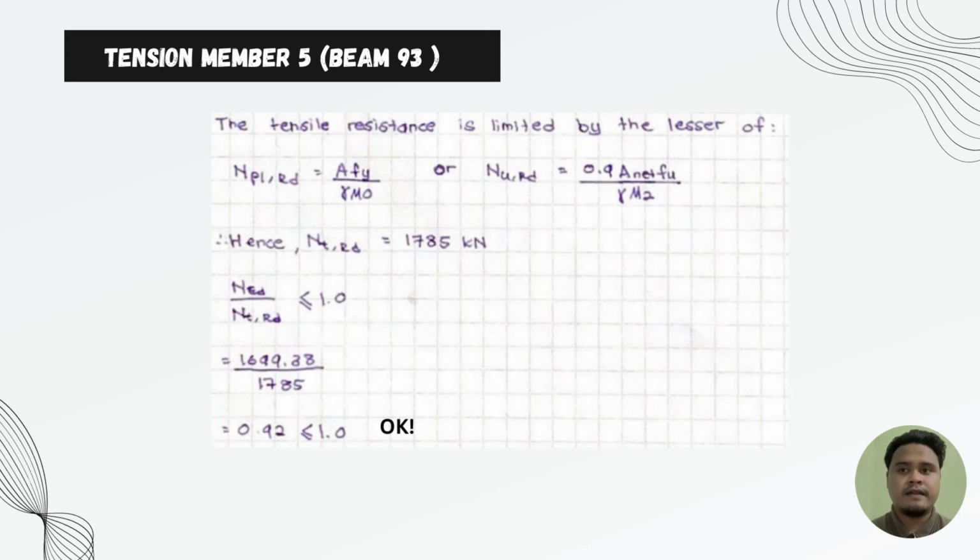The tensile resistance is limited by the lesser of NPLRD or NURD. So NTRD is 1785 because the value for NPLRD is lesser than NURD. And then we do the checking. NED per NTRD must be less than 1, which is we got 0.92, which is okay.